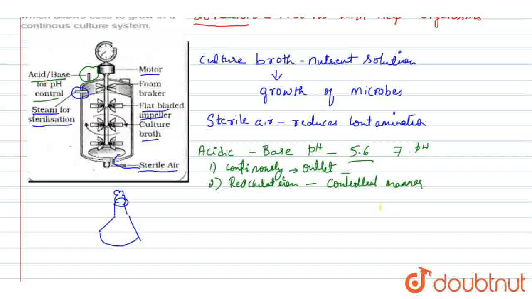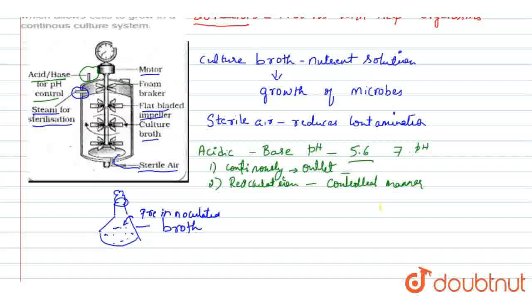In this conical flask also there is a broth. We can say this is a liquid culture, and we have already pre-inoculated the organism, and the process is happening here.